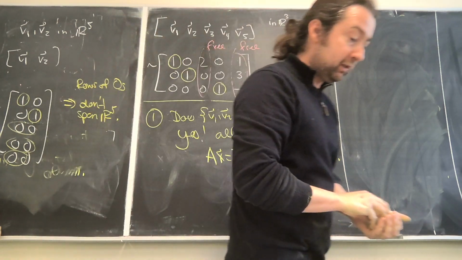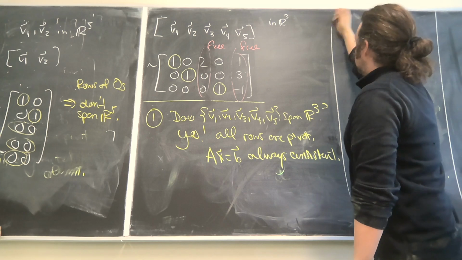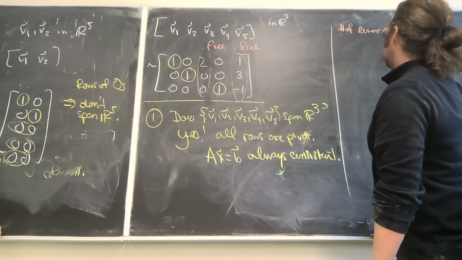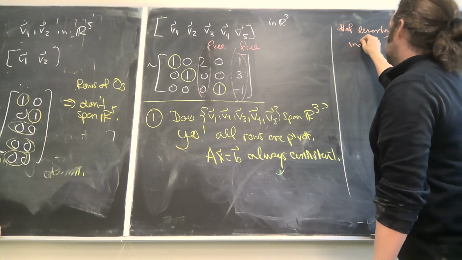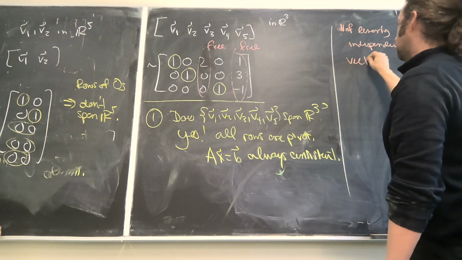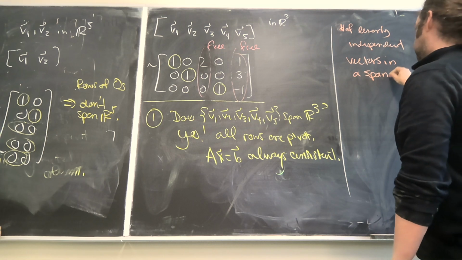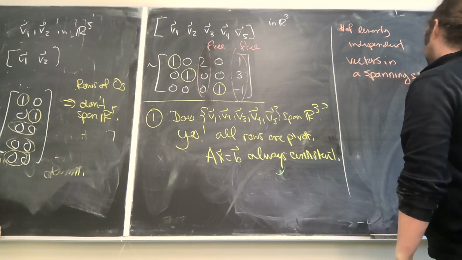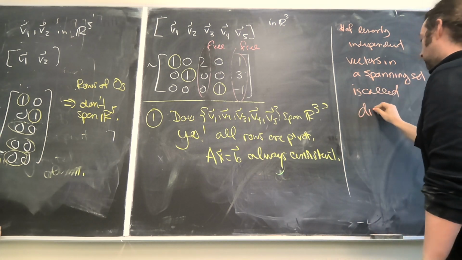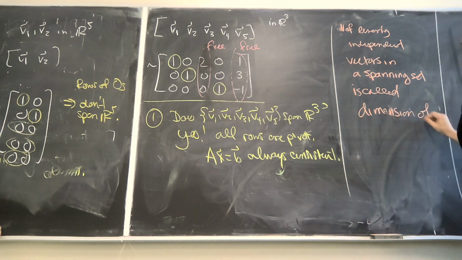So the naive way of identifying dimension is, you can think of, if I have the number of linearly independent vectors in a spanning set, it's called the dimension of the span.